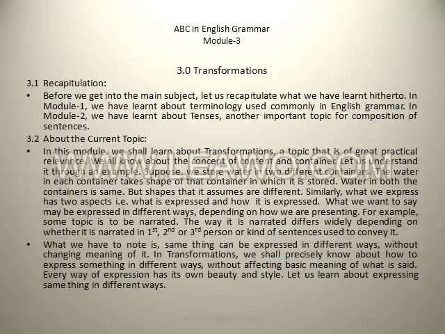The way it is narrated differs widely depending on whether it is narrated in first, second or third person, or kind of sentence used to convey it. What we have to note is, same thing can be expressed in different ways without changing meaning of it.